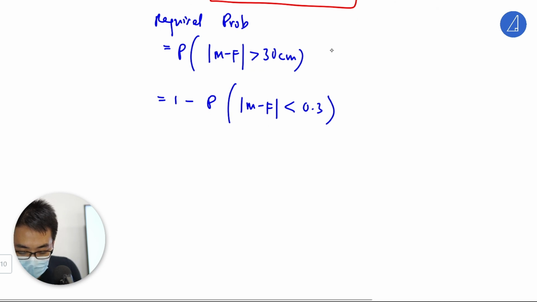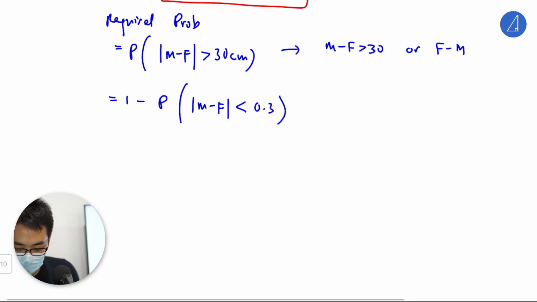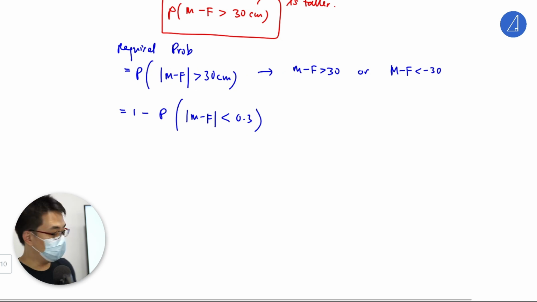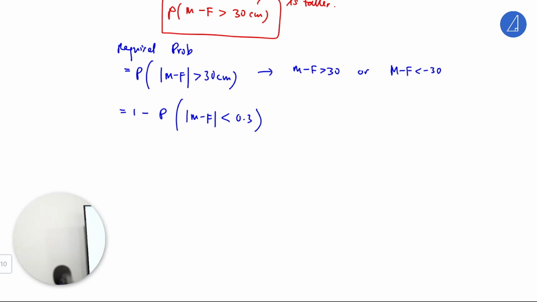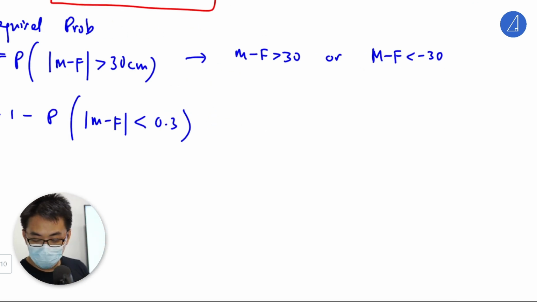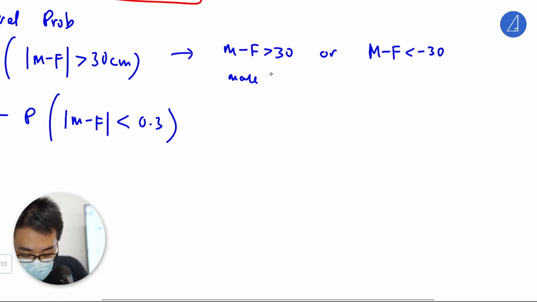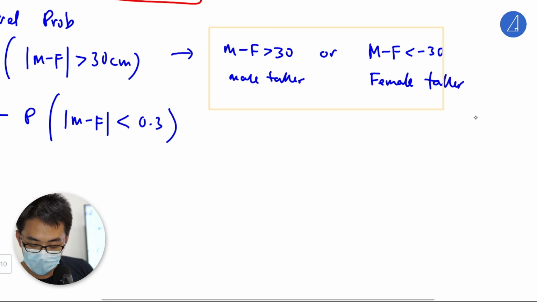Essentially, this means M is bigger or F minus M is bigger than 30. So this means this to this, or this male taller, female taller. Just remember that.